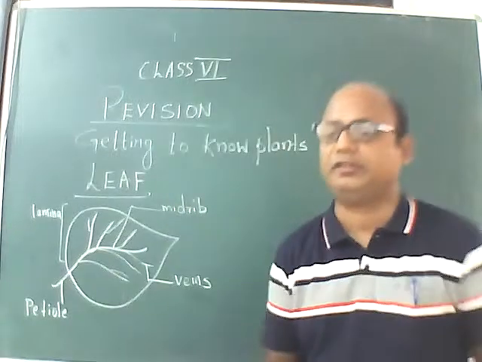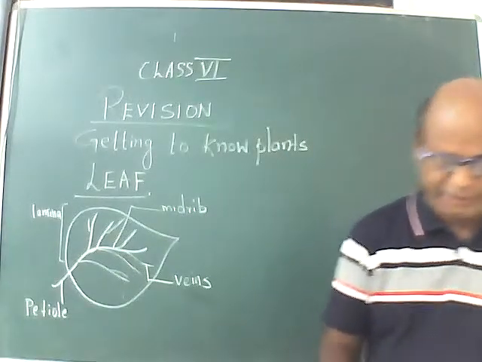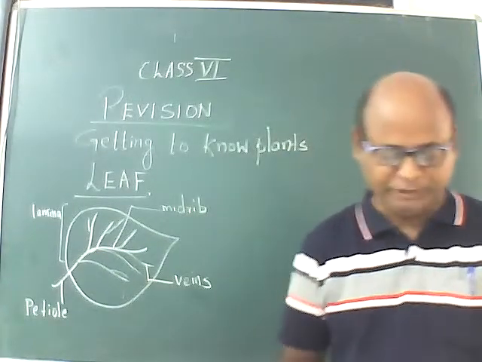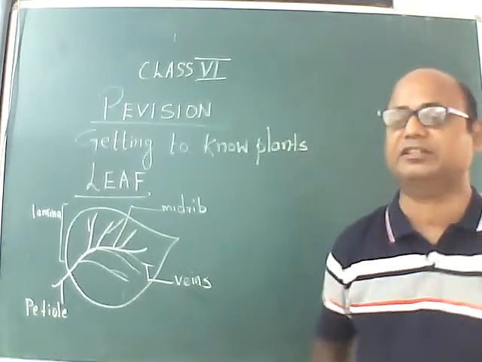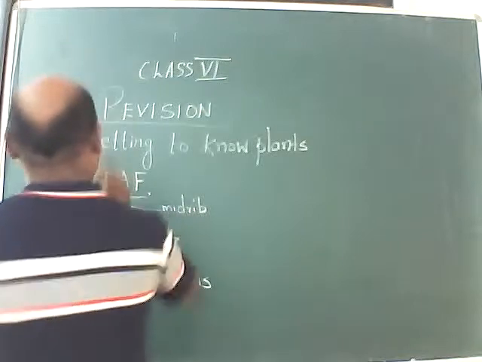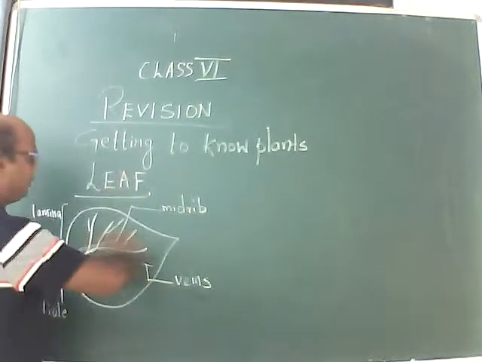So, one question in your textbook is: draw a diagram of a leaf showing midrib, veins, reticulate venation, and parallel venation. For that you have to draw this diagram.